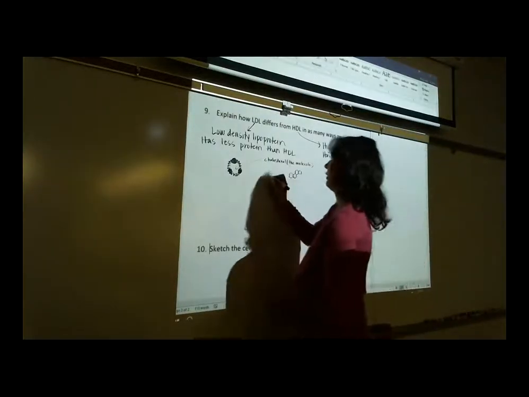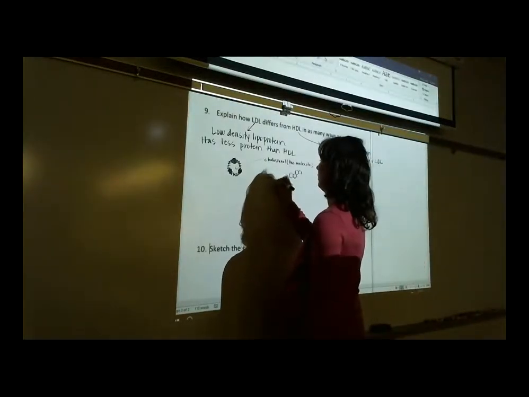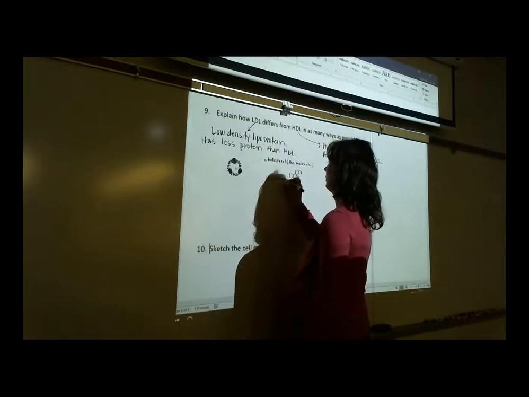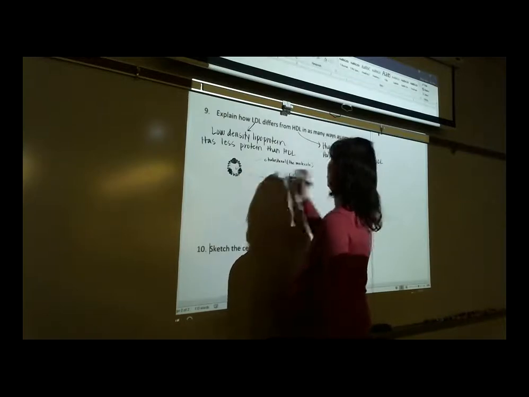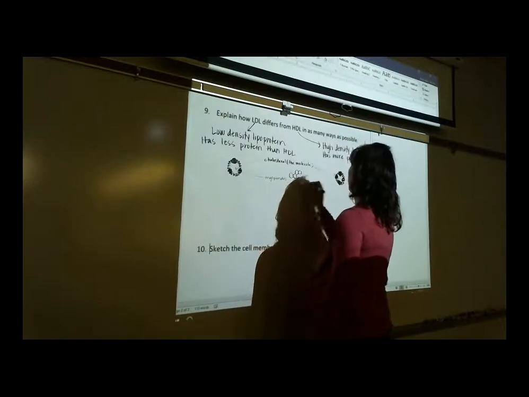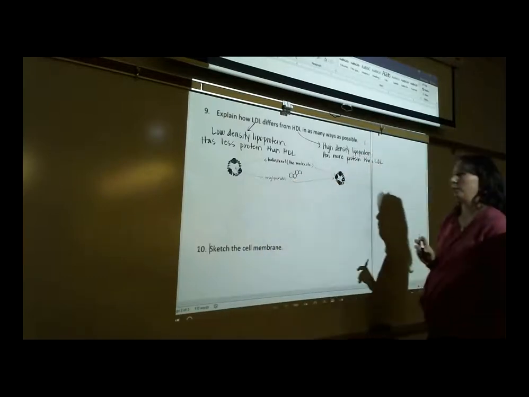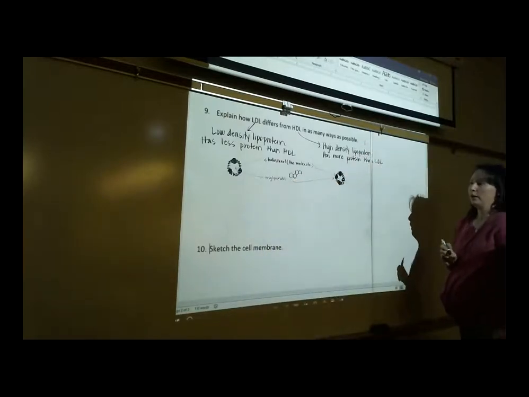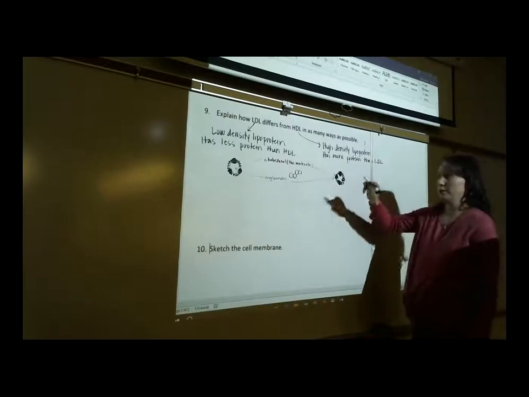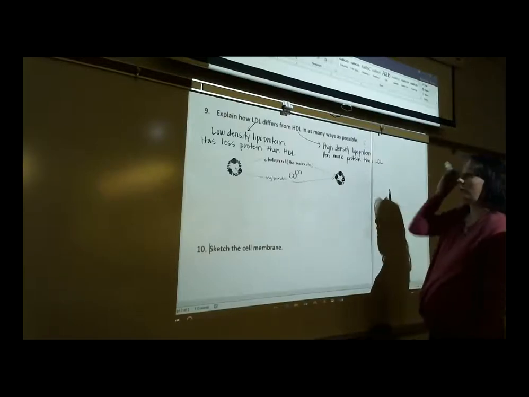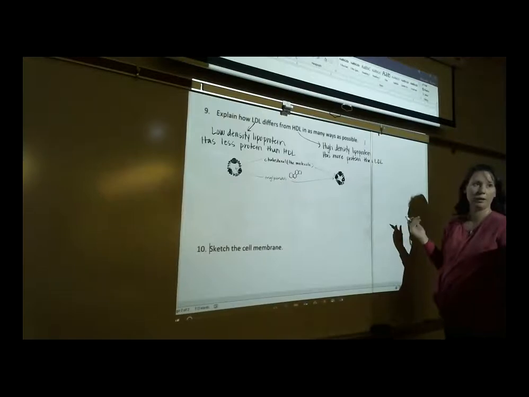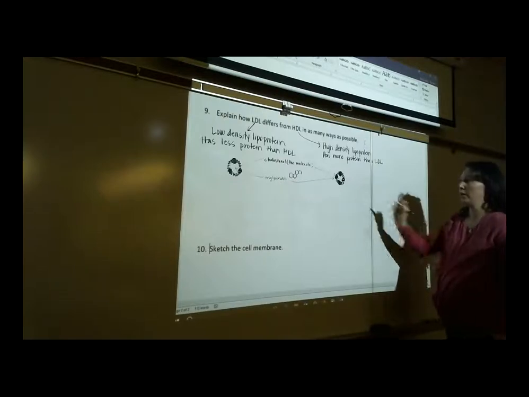You also have triglycerides inside both. So they have different proportions of protein, which makes a big difference. And in terms of role, they're going to have different roles because they have different proportions.